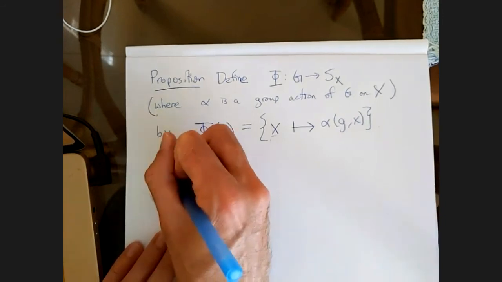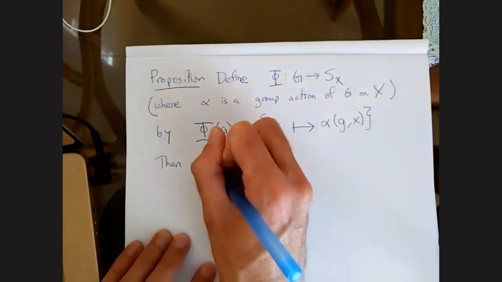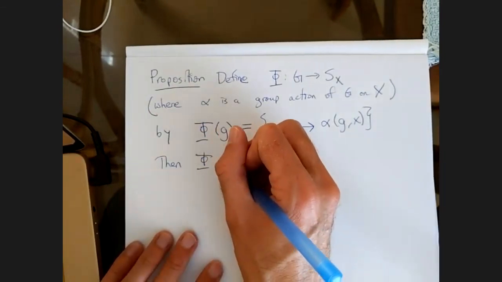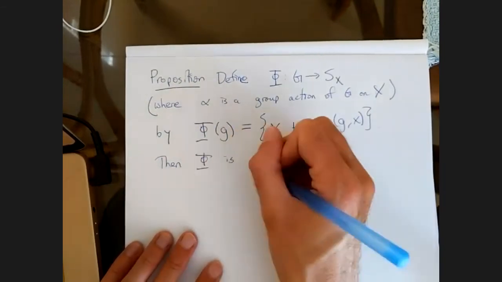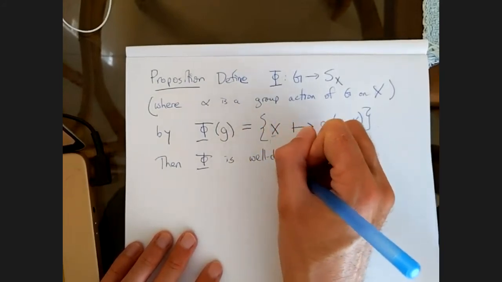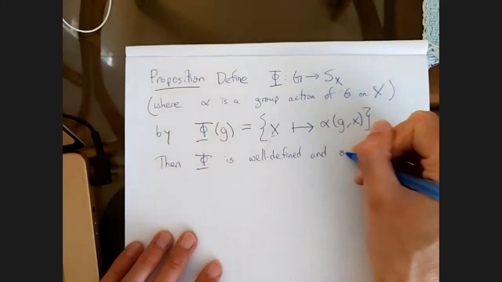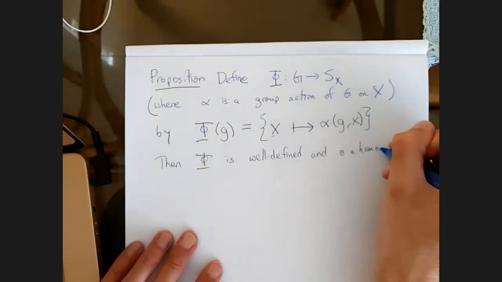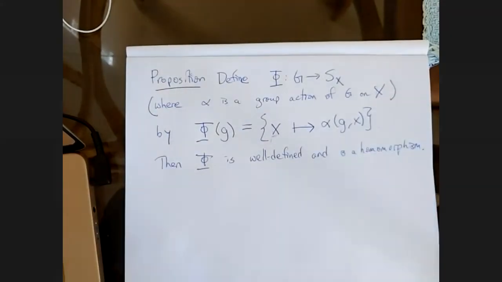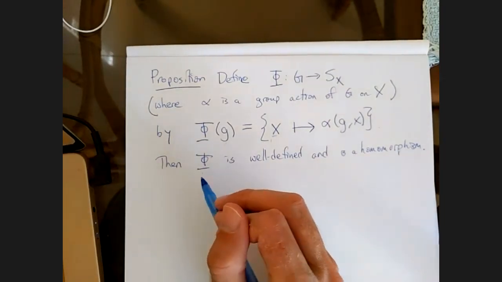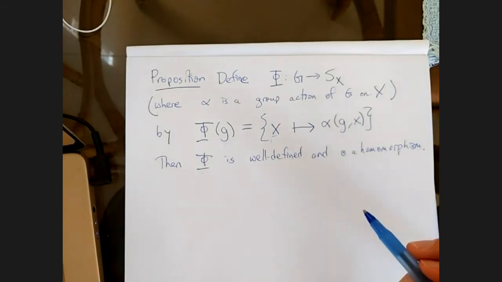So then phi is well defined and is a homomorphism. So to show that phi is well defined, there are several things we have to do.